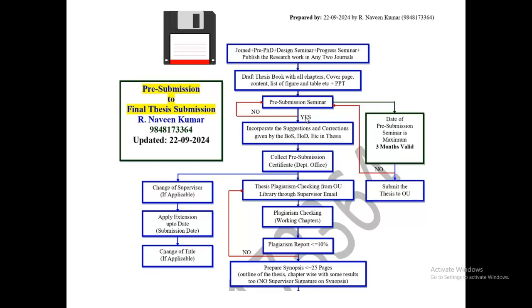In fields other than engineering, those who are taking the questionnaire and going to the field can mention review of survey. So in this chapter, you have to give the previous papers. Previous papers means, for example, this is the year 2025, you have to review the last 5 years, from 2020 to 2025.